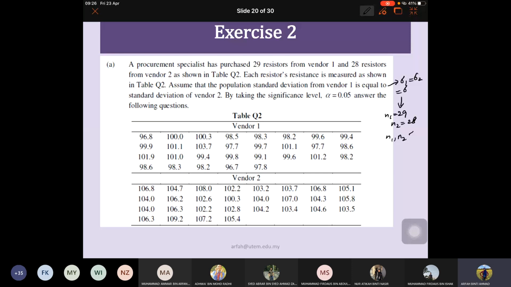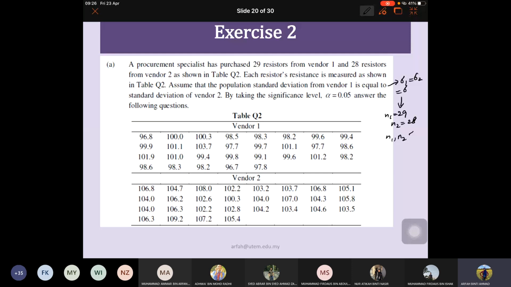Okay, so from here dia kata calculate the mean and standard deviation. Berapa mean sample 1, berapa standard deviation 1, berapa mean sample 2, berapa standard deviation 2.